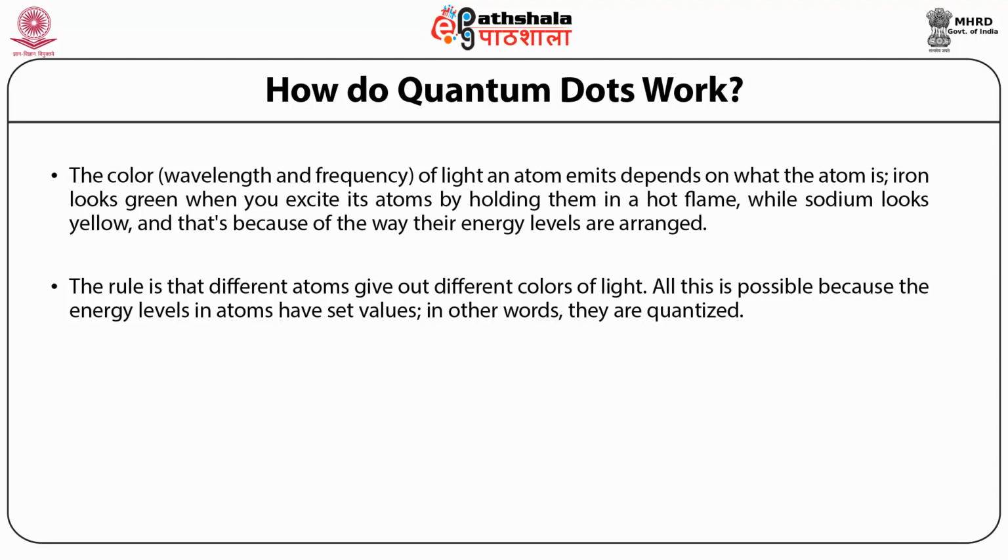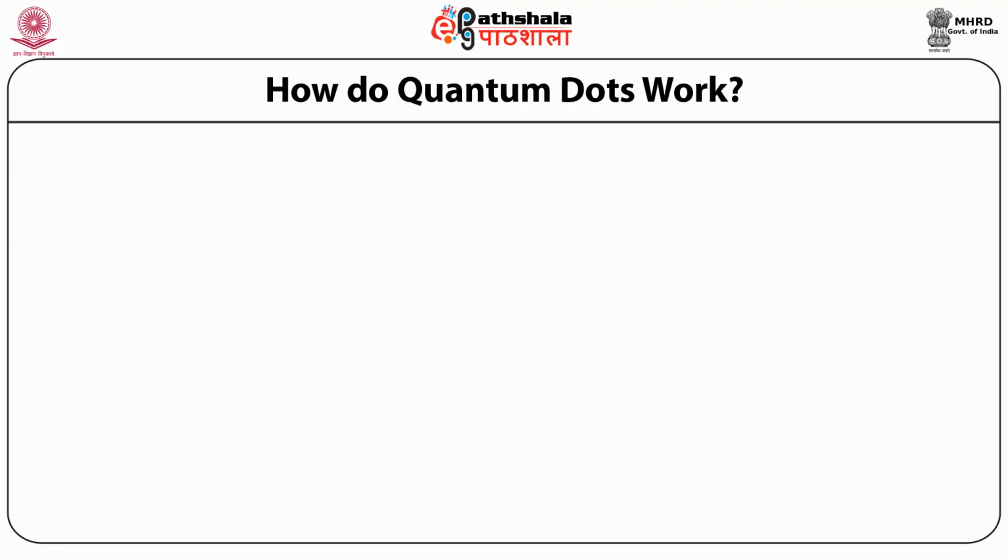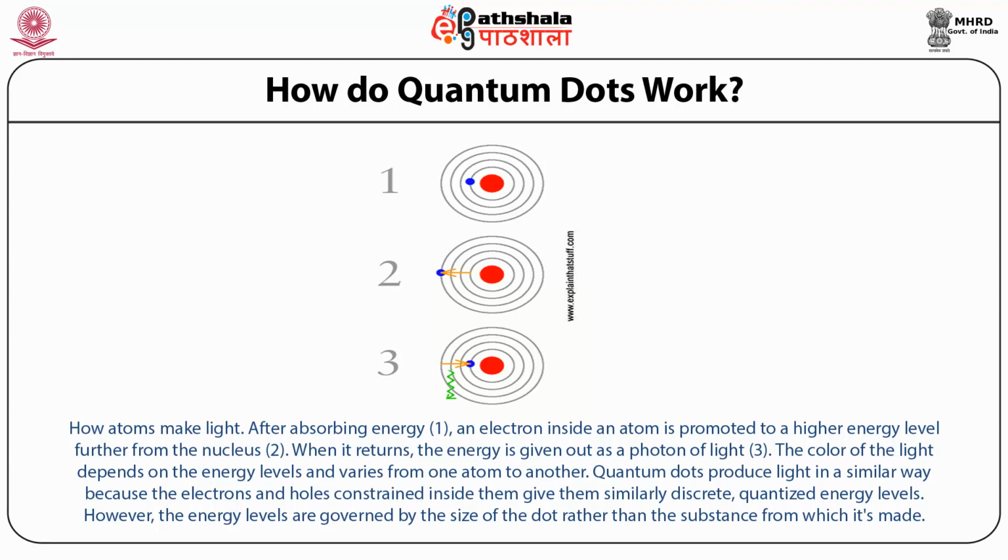So students, a figure is shown in the slide which shows the quantized energy states. So how do atoms make light? The first figure shows that after absorbing energy, an electron inside an atom is promoted to a higher energy level further from the nucleus, that is the second step.